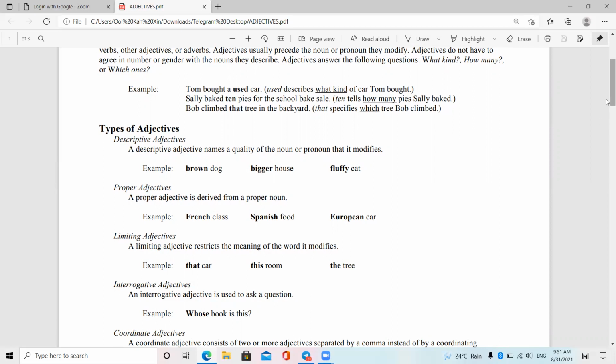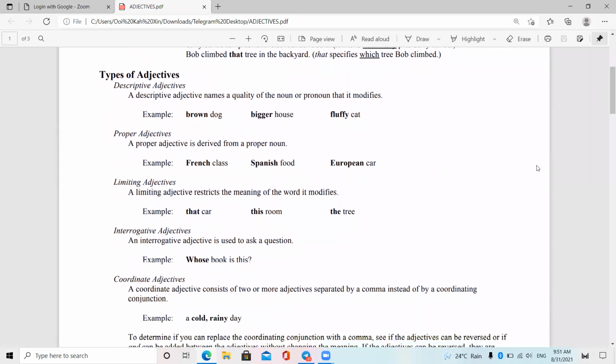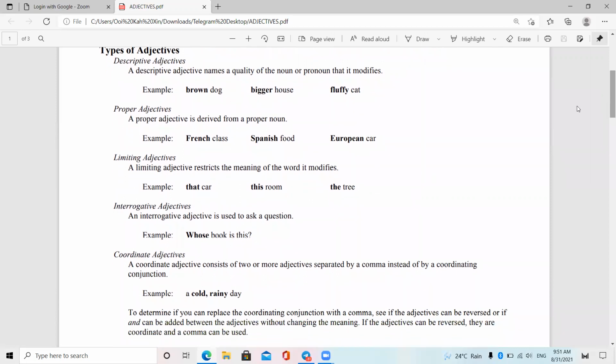Examples: French cross, Spanish food, European car. A limiting adjective restricts the meaning of the word it modifies. Examples: that car, this room, the tree. An interrogative adjective is used to ask questions.